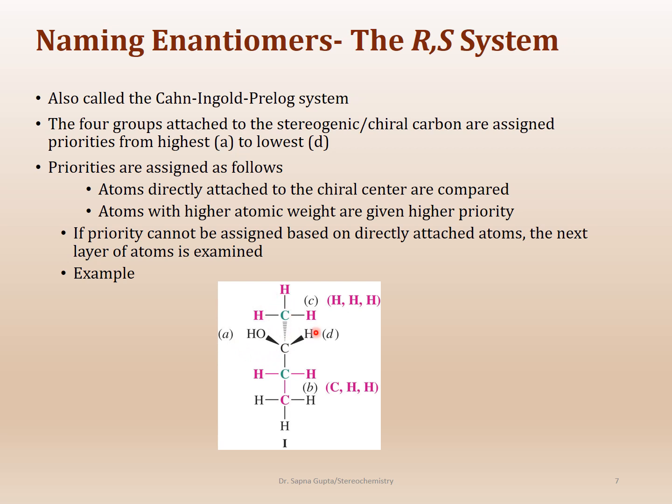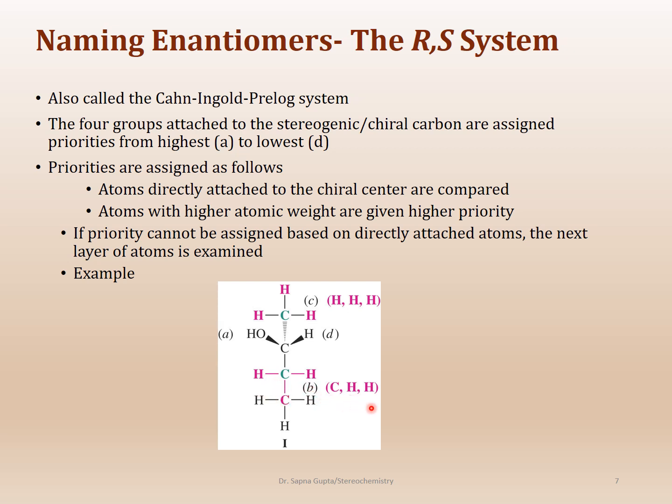So we have to decide between this methyl group here and this group over here with the carbon. Since the carbons are the same, then you look at the next set of atoms, which is the pink ones over here. In the top one, it's hydrogen, hydrogen, hydrogen. And then the other carbon, it is carbon, hydrogen, hydrogen.